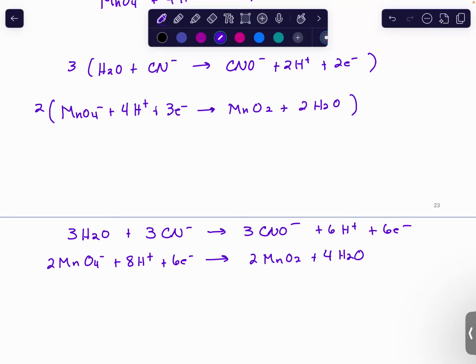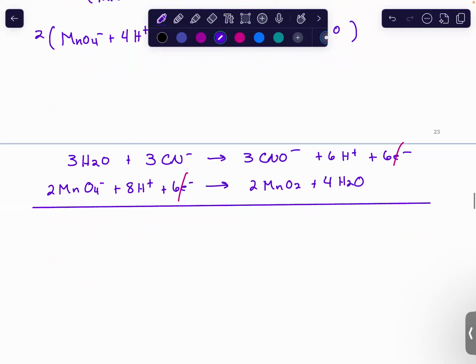and 4 waters. Now, again, like I said, you can either go ahead and eliminate electrons, or you can add first, then eliminate electrons. This is going to get pretty big, so I'm just going to go ahead and cancel the 6 electrons, 6 electrons, because again, you have 6 electrons on each side of the arrow sign. Okay, so now let's add everything together.